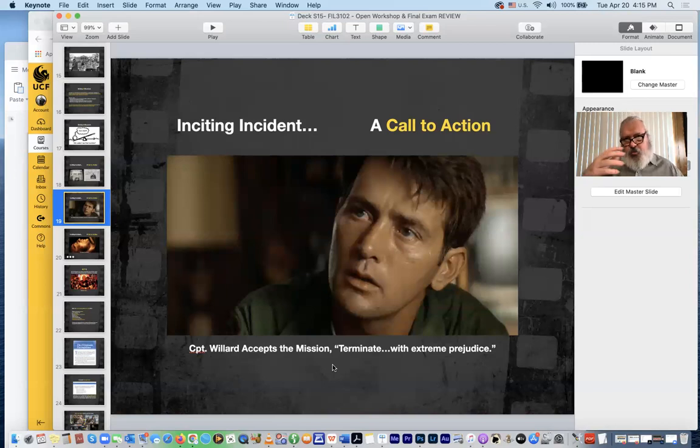In the process, Willard goes through this adventure where he has to go in country into Vietnam, experience more of the war than he had the opportunity to do up to that point. And he reaches some very interesting conclusions and goes through some very life-changing experiences, and brings him to a new point of awareness of himself and of the world around him by the end of the film.